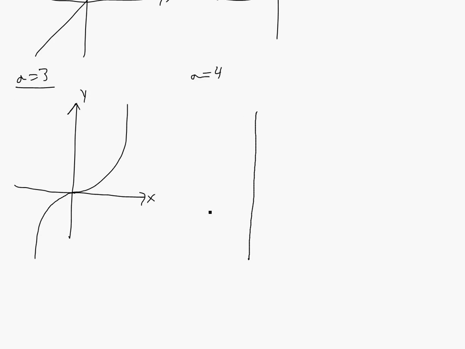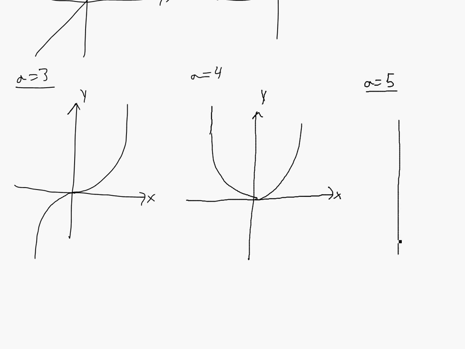It's similar to a equals 2, it looks very identical. And if we go a equals 5, this one will look the same as a equals 3. This is y, this is x, and this one looks like this.